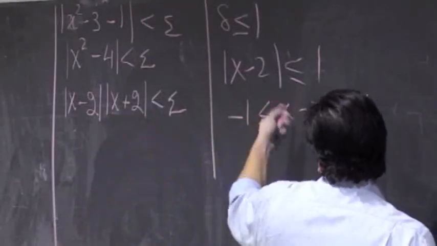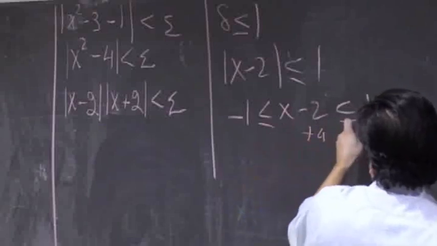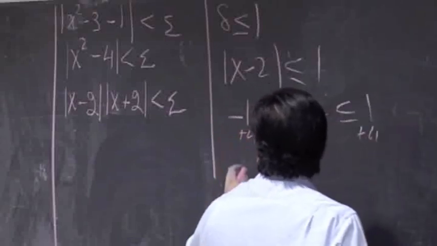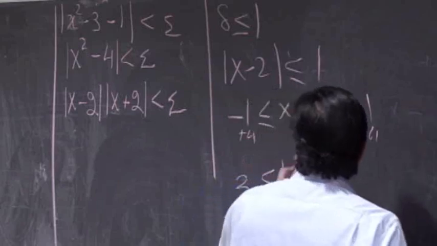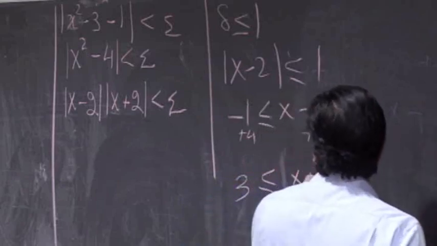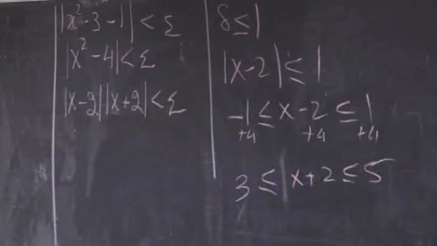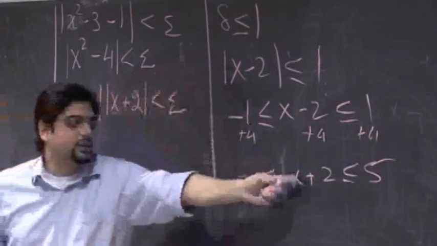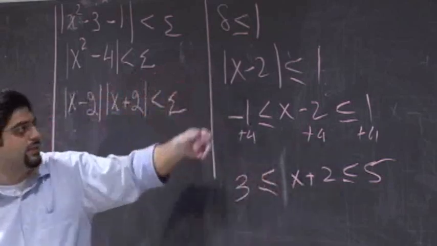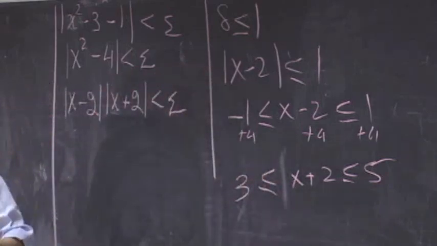We'll just add 4 on both sides. So we get 3 less than or equal to x plus 2 less than or equal to 5. Does that make sense? So if delta is less than 1, then x plus 2 is always positive, so whether you have absolute value or not, you don't really care.